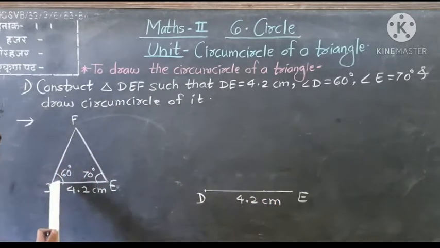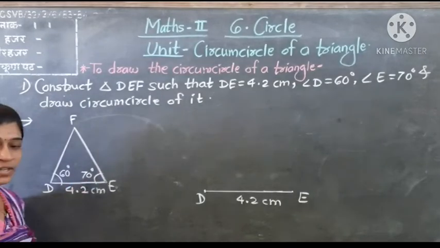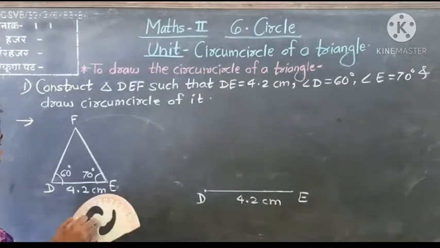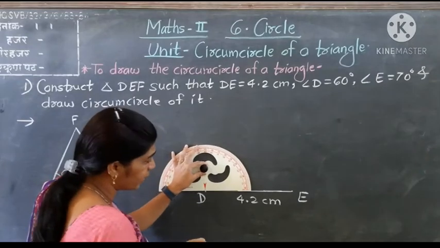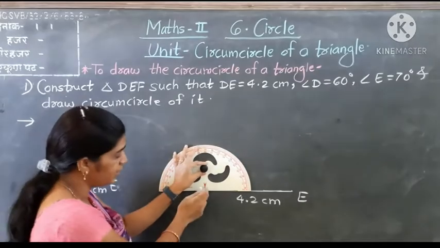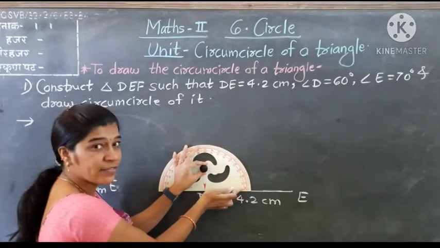First draw DE, then draw angle D of 60 degree and angle E of 70 degree. Draw angle D with the help of protractor. Draw angle D of 60 degree, starting from 0.